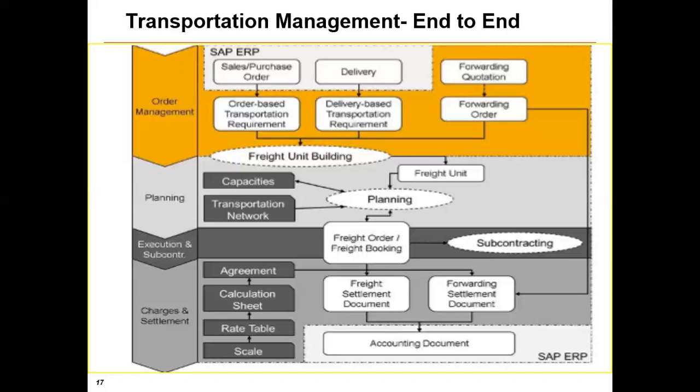During this freight booking and also planning, we need to check the capacities of the trucks in two parts. One is the FTL, other is the LTL. FTL stands for full truckload, and LTL stands for less than truckload.